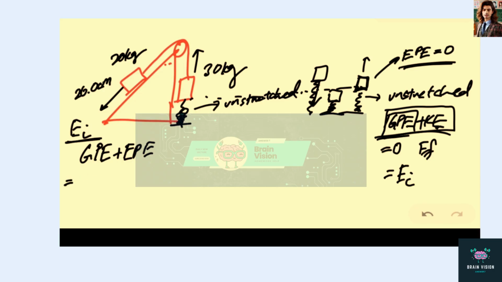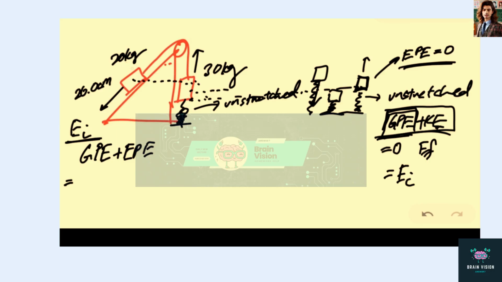Because we have set the unstretched state to be the reference point for gravitational potential energy, the unstretched position is the reference position where gravitational potential energy is 0.